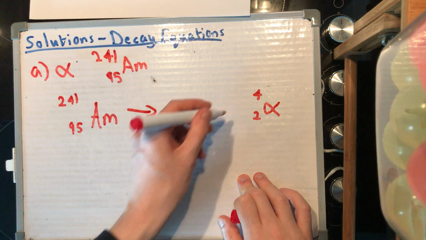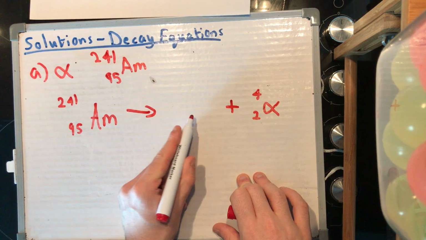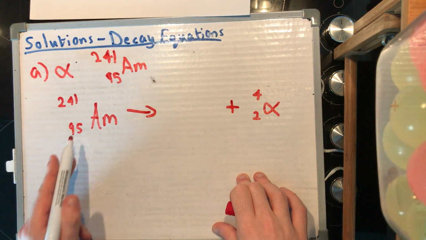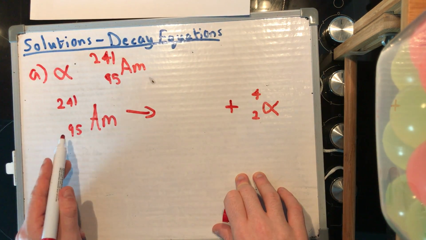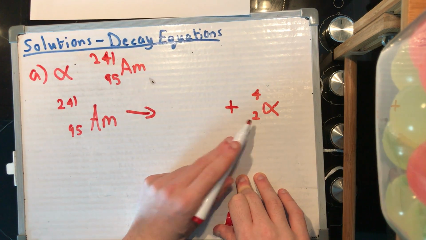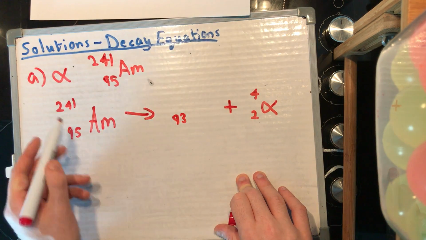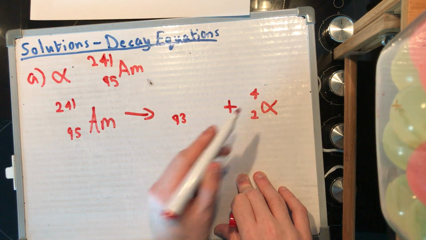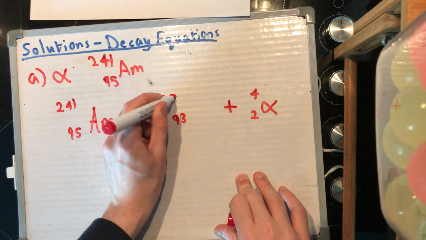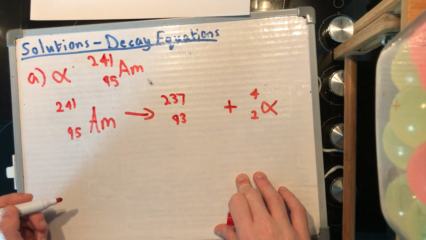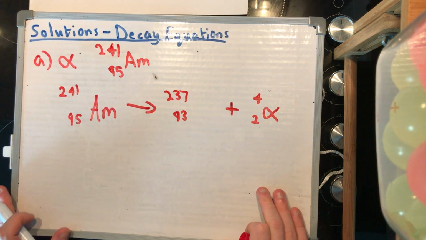And from there, we just need to work out what the nucleus is going to be that is left over. So to do that, 95 take away 2, because we need to conserve the number of protons, is 93. And 241 take away 4 is 237, to conserve the number of protons and neutrons combined.